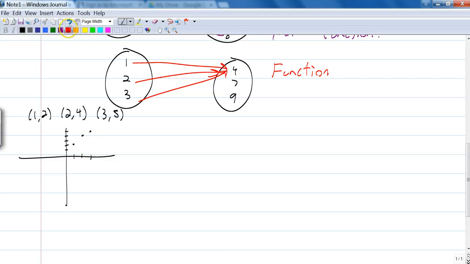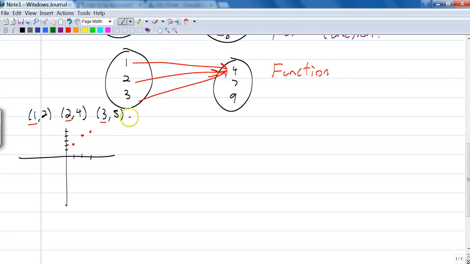Now you would agree with me that, based on what we talked about up above, this relation between these ordered pairs would be a function, because each of these input values has a different output value, and you don't have a repeat. We don't have like (1, 3) or (2, 7) or something like that. So graphically, this would be a function as long as they're not staggered.